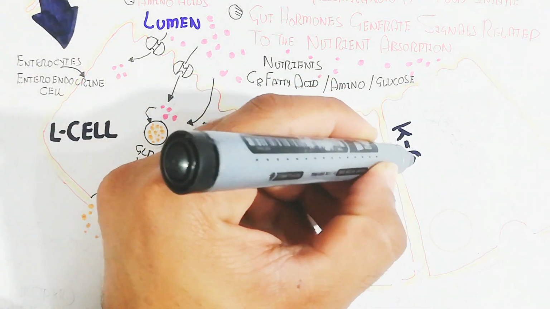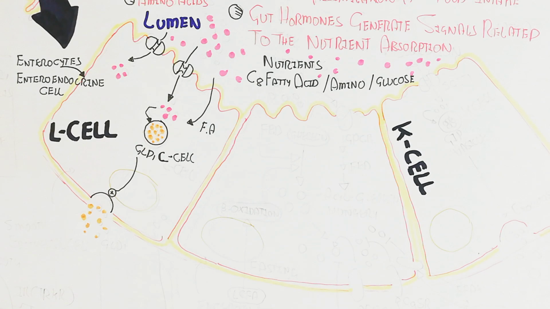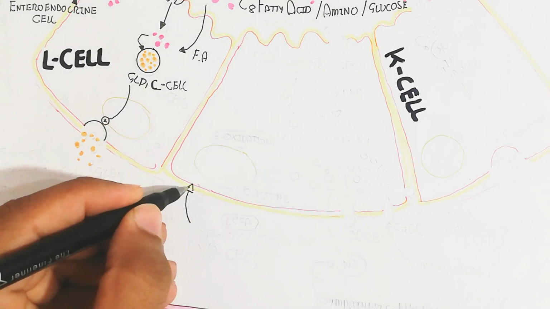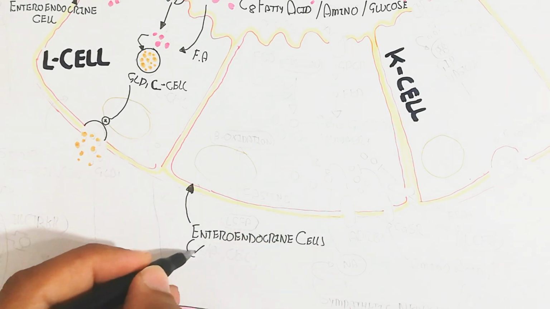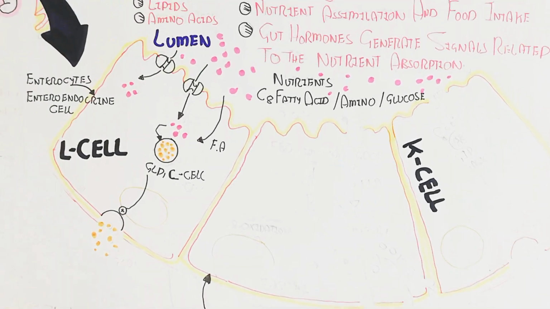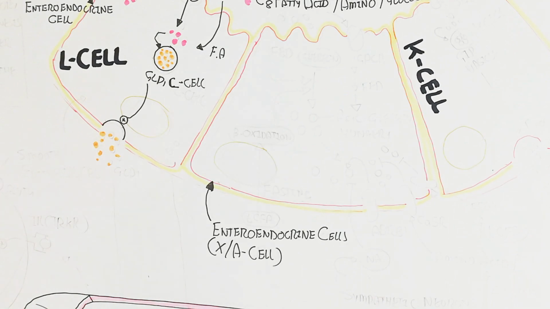Whenever it goes into the blood circulatory system, the K cell also works. The K cell contains a GLUT transporter channel, which leads to glucose influx. After the influx of glucose, the GIP vesicle will be exocytosed.